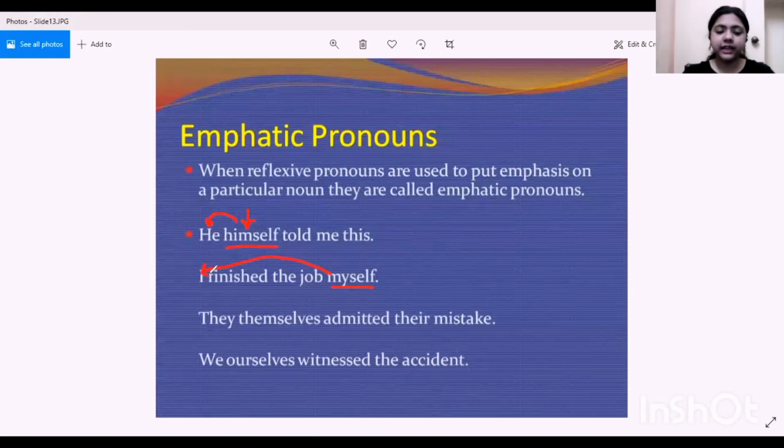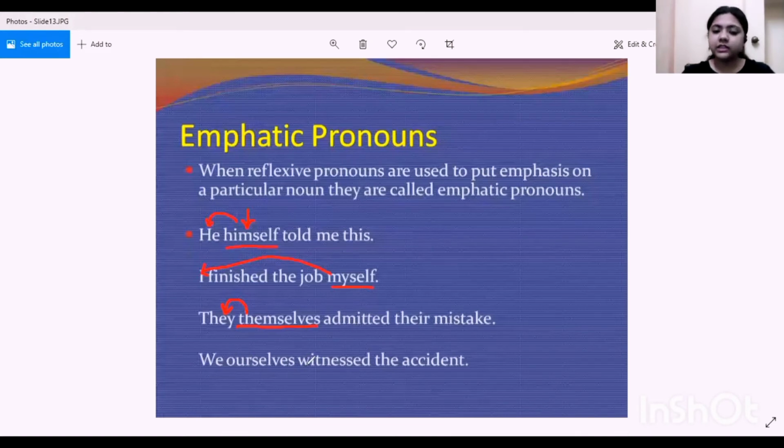So it is laying the emphasis. They themselves admitted their mistakes. Again, the same thing, with the addition of the word themselves, an emphasis is being laid on the fact that they admitted their mistakes. We ourselves witnessed the accident.